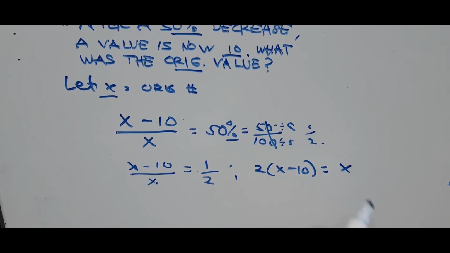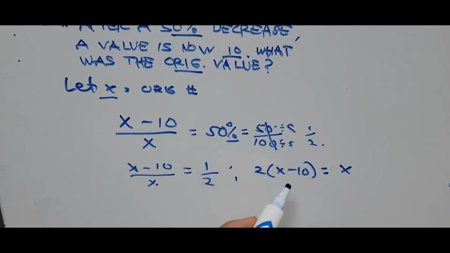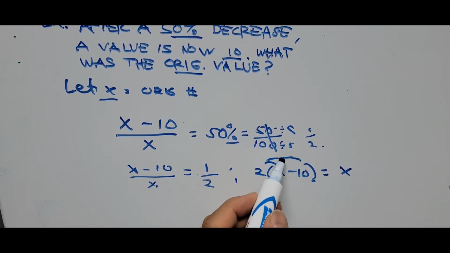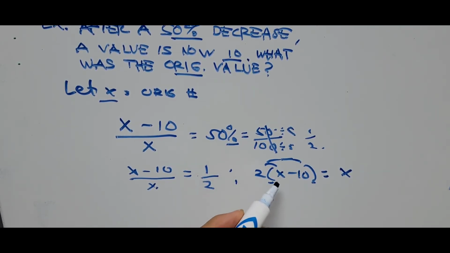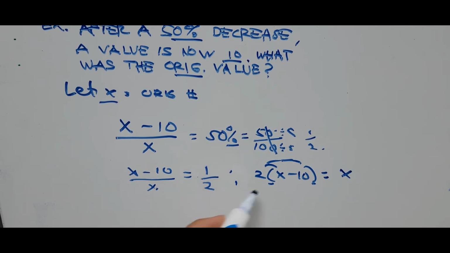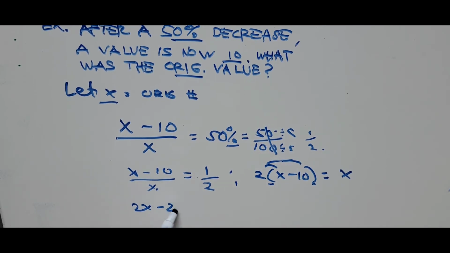Cross multiplying, that is equal to x. Since we have parentheses, distribute the 2, using the distributive property of multiplication over addition or subtraction. That is now 2x, and since this is minus, minus 2 times 10 is 20, equals x.